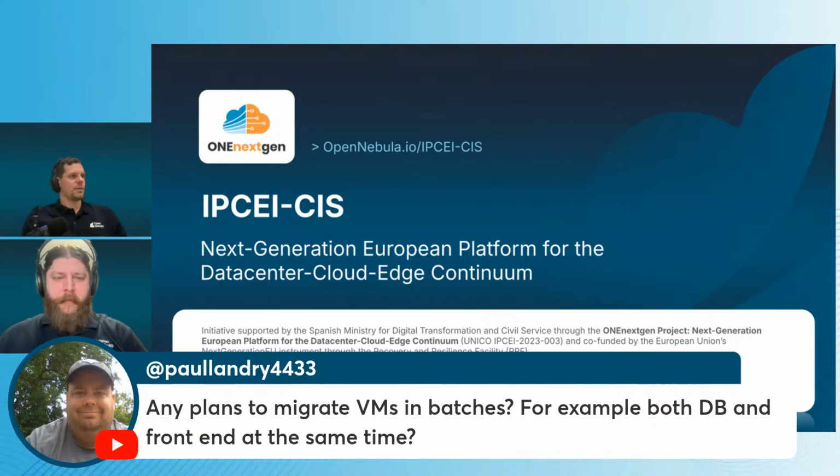Any plans to migrate virtual machines in batches, for example, both database and front end at the same time? We would like to extend some automation features. One thing I could shout out is a company that's worked with us in the past, Encore Tech. They have a StackStorm automation system that works with the OpenNebula API, and they extended it to work with OneSwap as well.